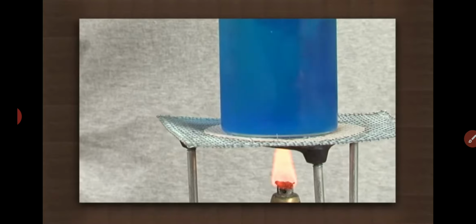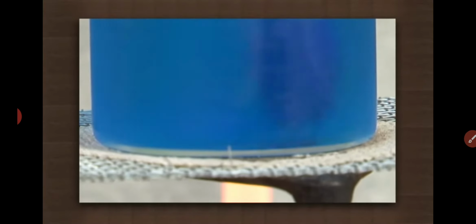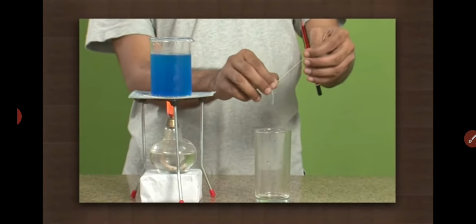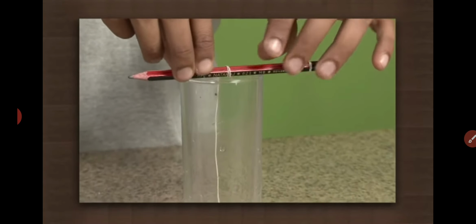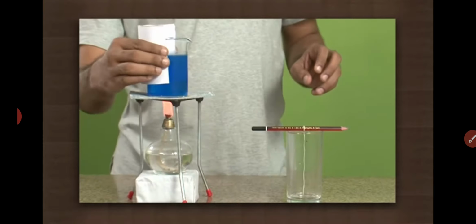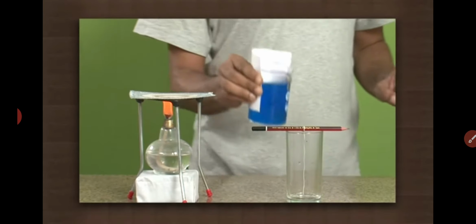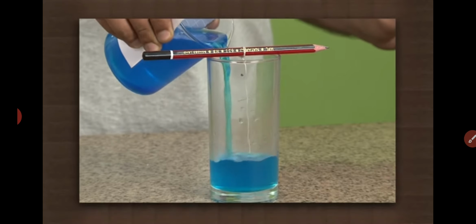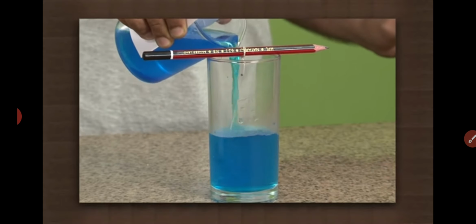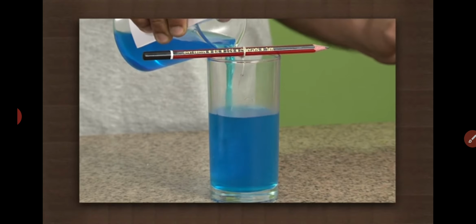Some amount of copper crystals will remain as they are in the solution. Now, with the help of a pencil, we prepare the thread and keep it to the side, and we pour the hot copper solution into the empty container.